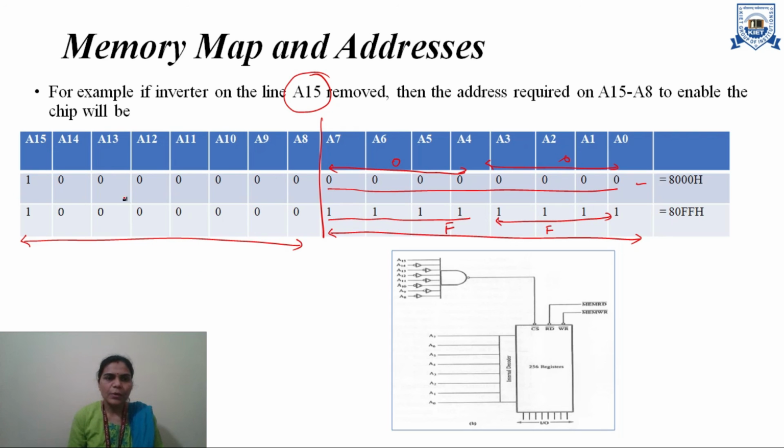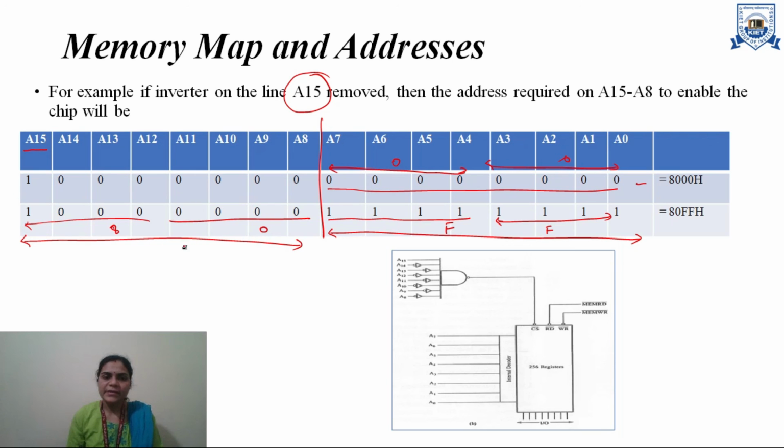But what about the chip selection? Here, for example, if we make A15 fixed at logic high, then it will be 1. All other chip selection lines will be at logic 0. So now we will have hexadecimal notation for this 8 and this 0.